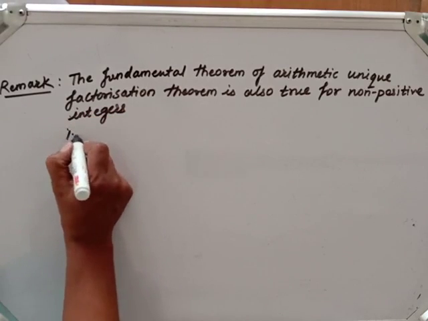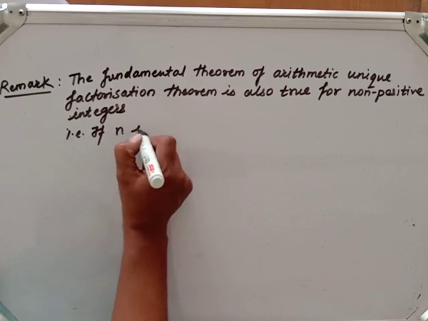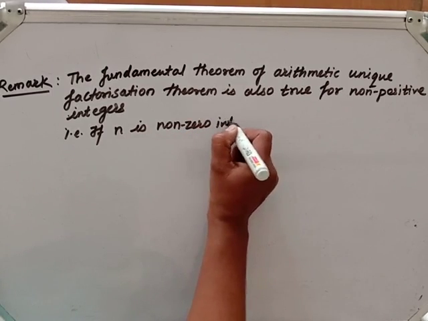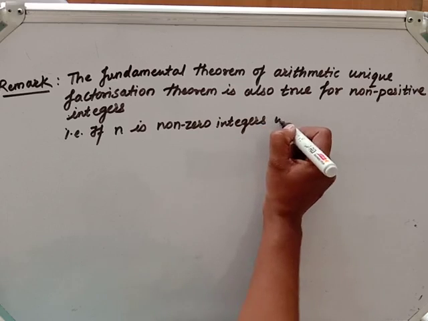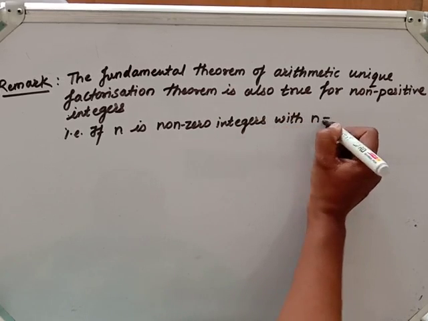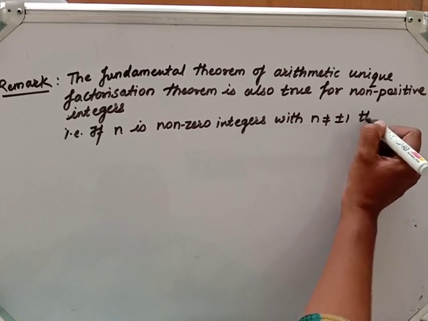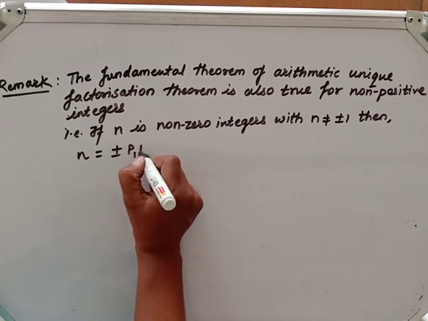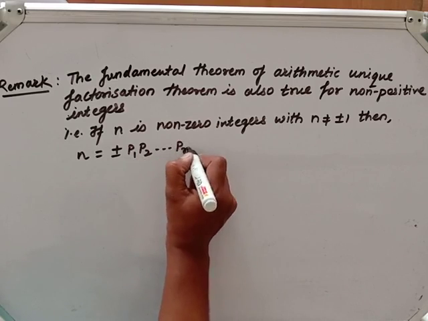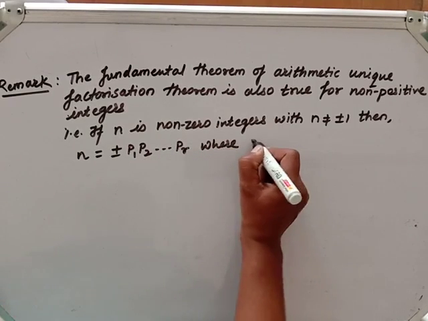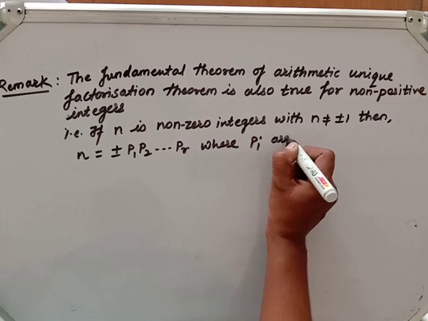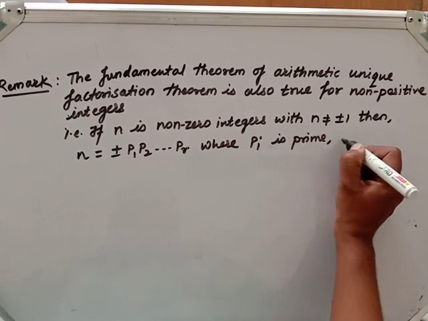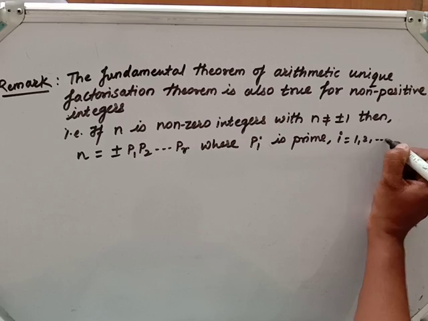That is, if n is a non-zero integer with n not equal to plus or minus 1, then n equals plus or minus p1, p2 and so on up to pr, where pi is prime, i goes from 1 to r.